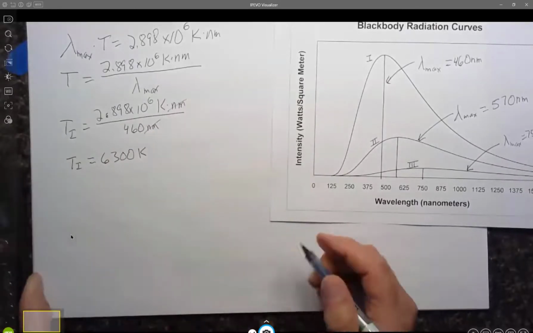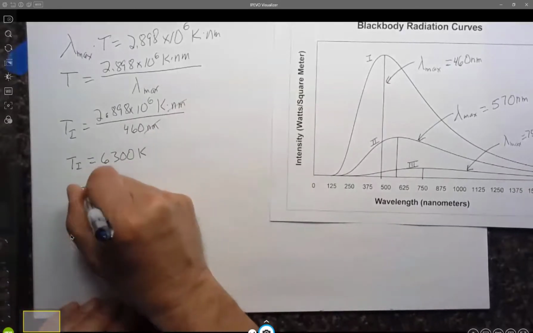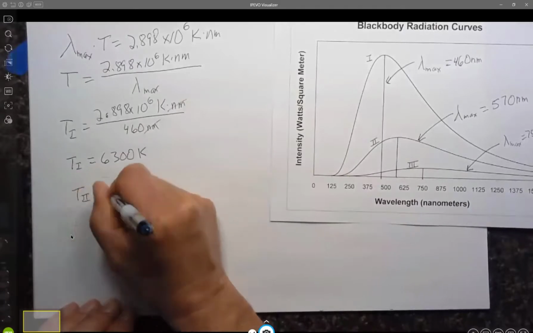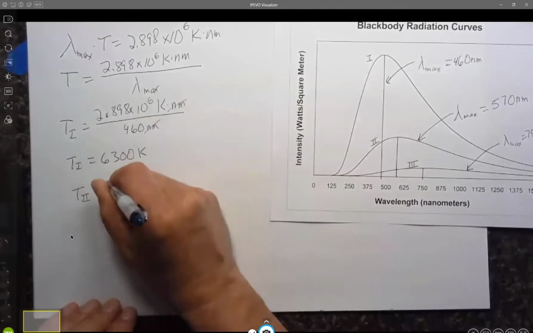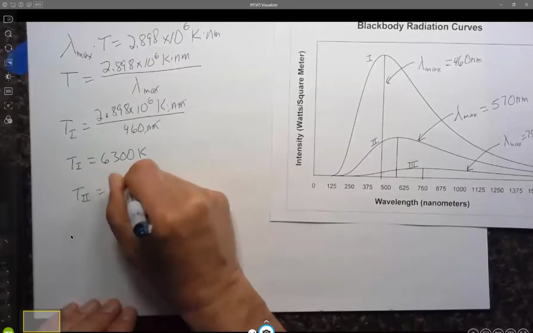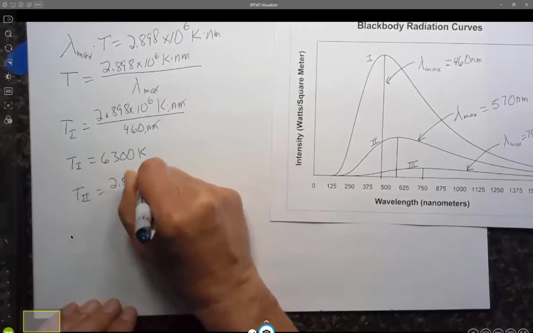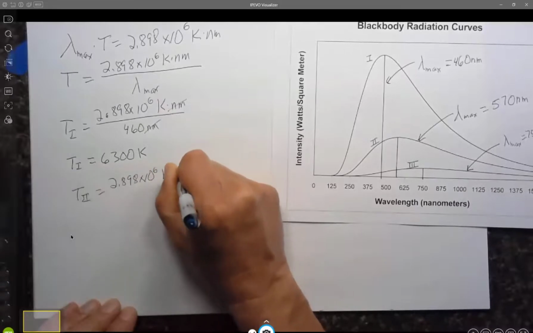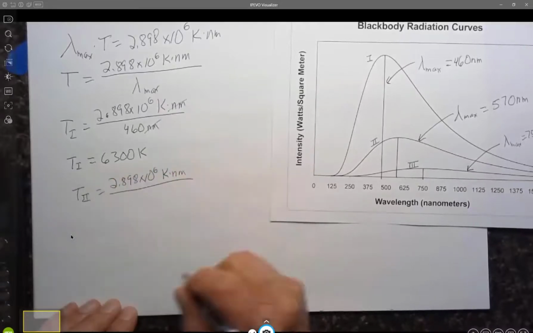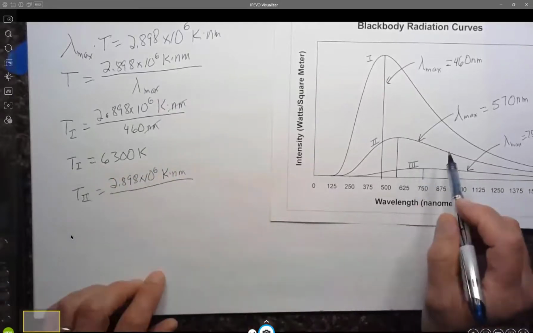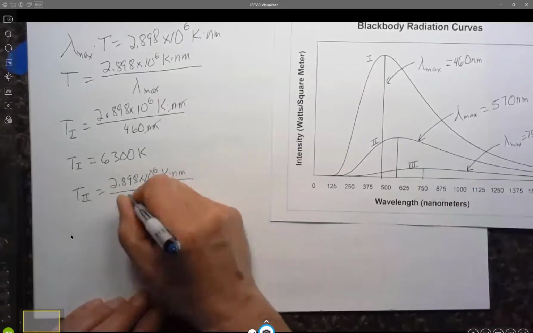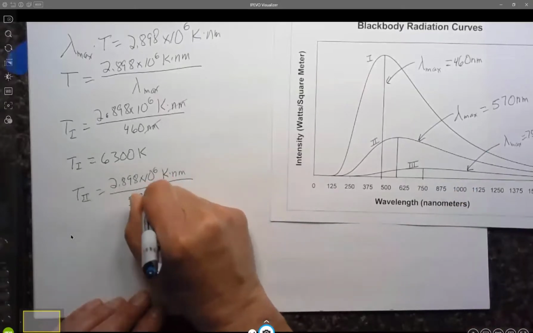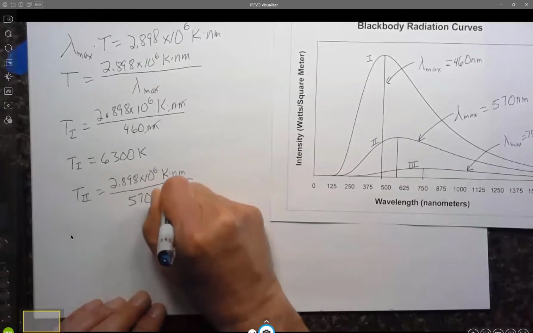Okay, well, let's do T2. That's just going to be same number on top, 2.898 times 10 to the 6th Kelvin nanometers. And on the bottom, I'll have 570 nanometers.